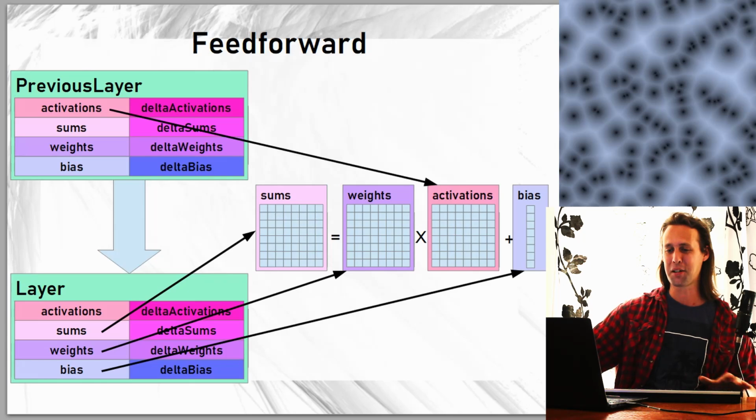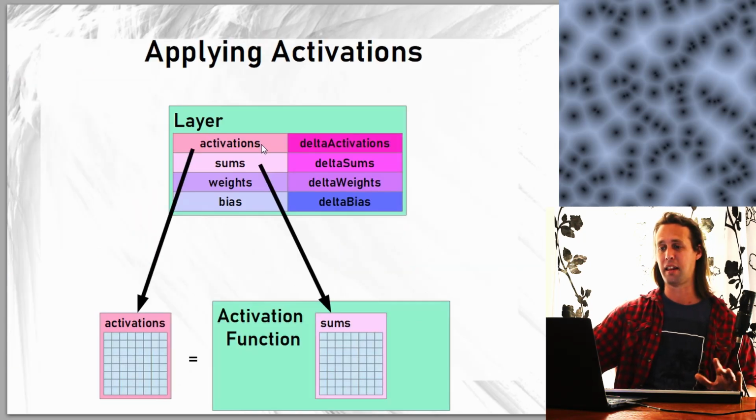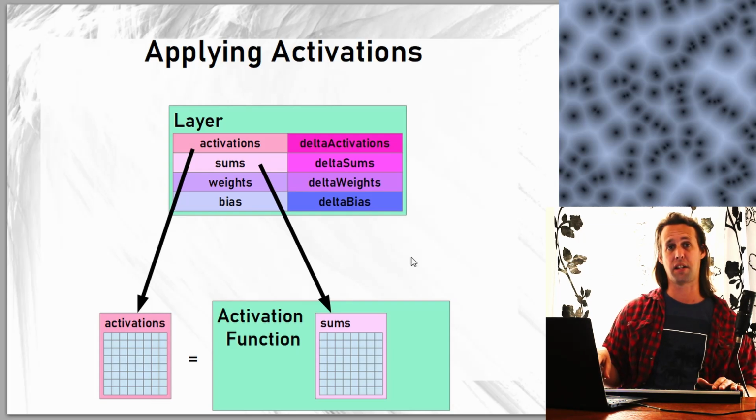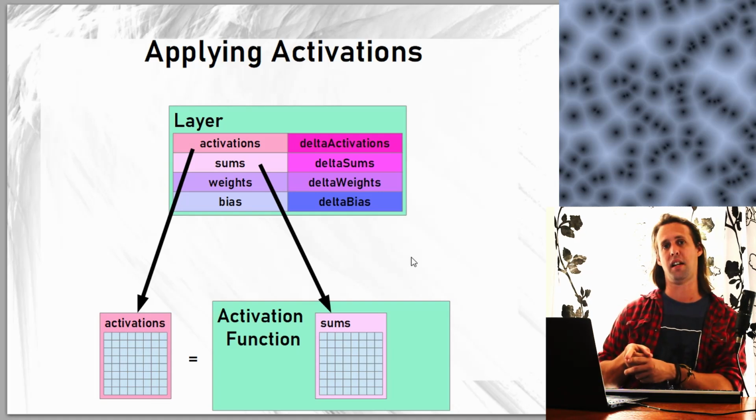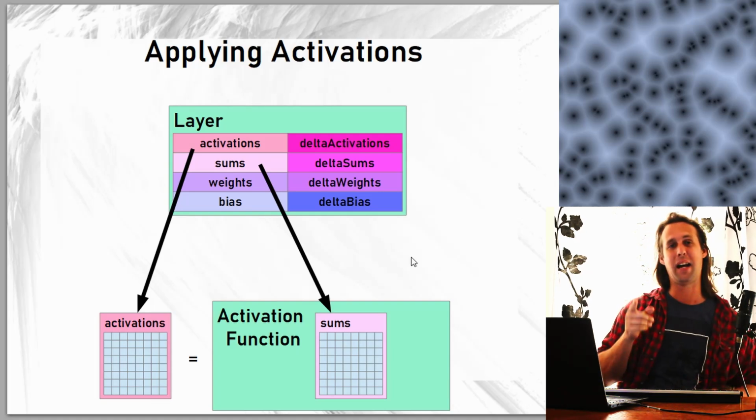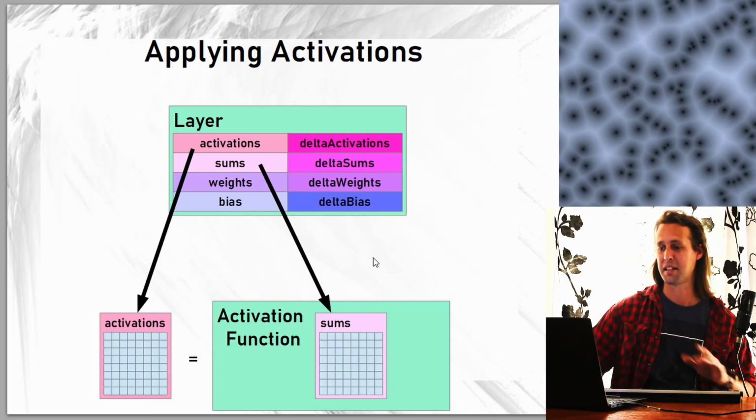But what we've got to work towards today is computing the activations from the sums. Okay, so applying the activation function itself is really simple once we have a good activation function. All you're really doing is applying whatever the function is to every element in sums, and that's how you get your activation matrix. It's as simple as that, really.